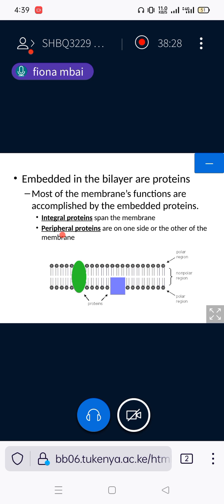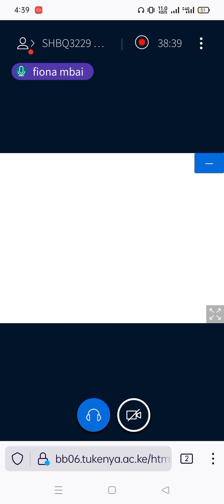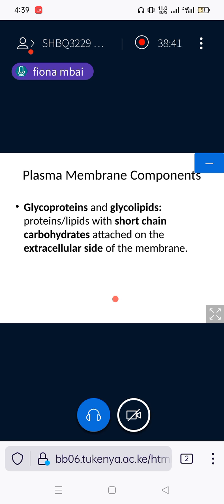We know now there's the integral membrane proteins that go right through, and also the peripheral proteins that are on either side, either in the intracellular side or the extracellular side of the membrane. We know about the glycoproteins and the glycolipids.